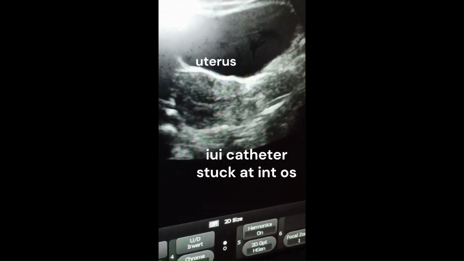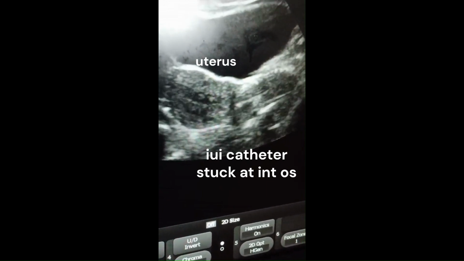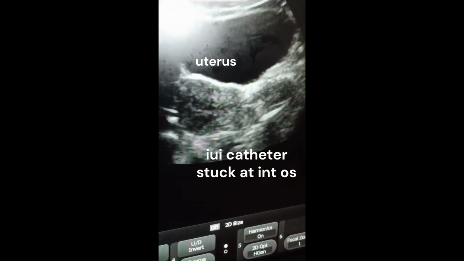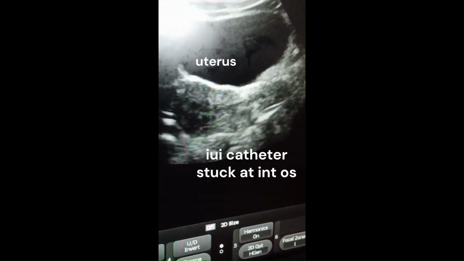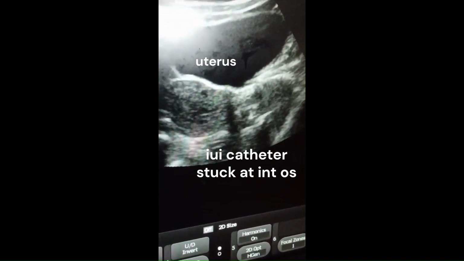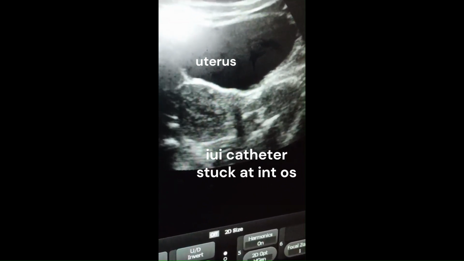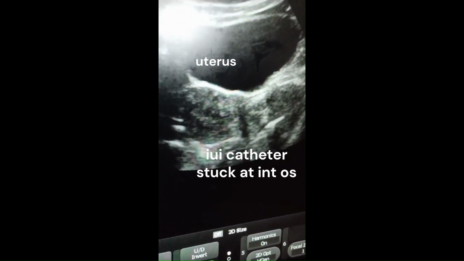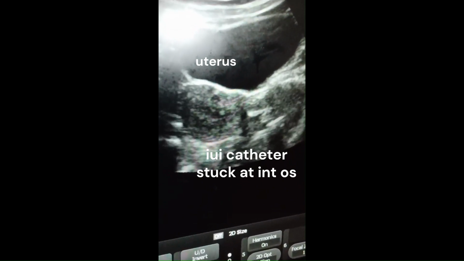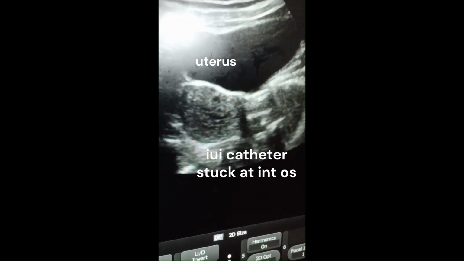So, in such cases, we would have to pass a sound, that is, a uterine sound. While passing the sound, it will be better to straighten the axis of the cervical canal at about the internal os level by giving a pull on the cervix, holding it with the Alice forceps or a tenaculum.